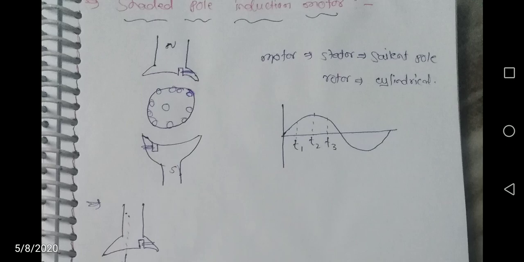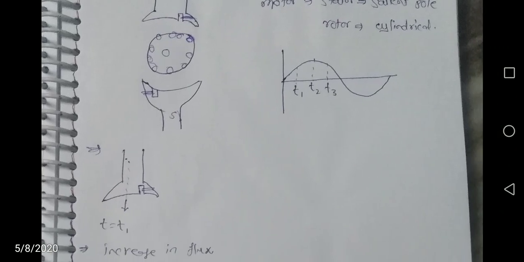Whenever an AC supply is given, see here the time periods T1, T2, T3. At time period T1, the voltage values are increasing, so the rate of change of voltage is increasing. So there is flux in the machine.